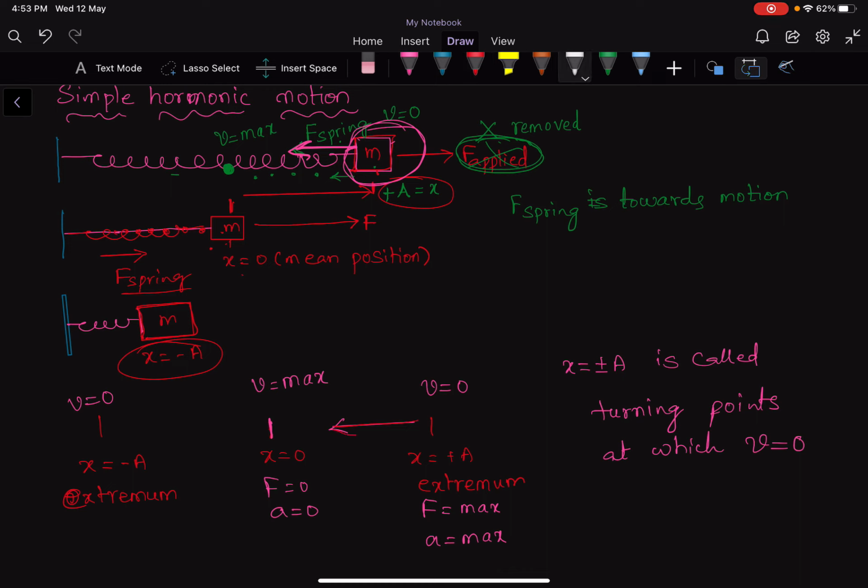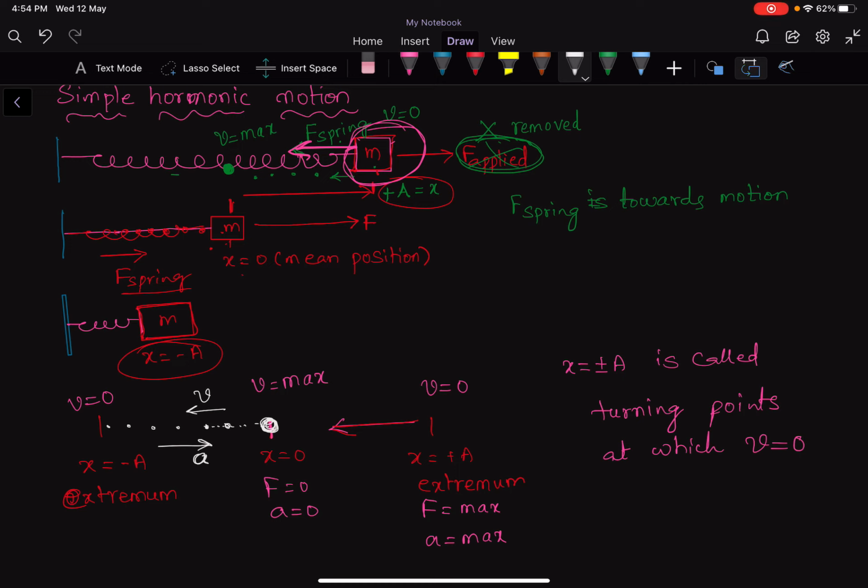When it overshoots the mean position, where speed is maximum, the velocity direction is like this and the particle is slowing down. In order to slow down the particle, the acceleration must be opposite to velocity, we know it.